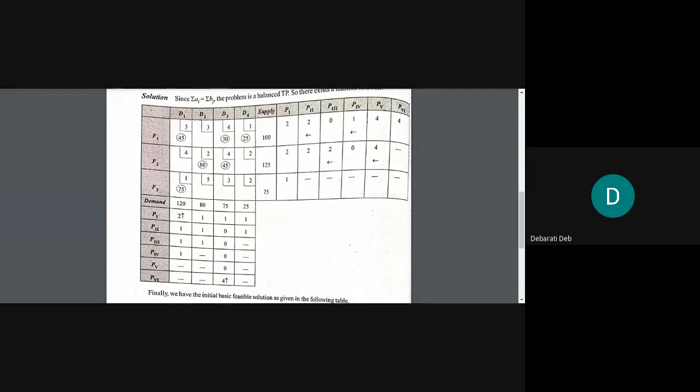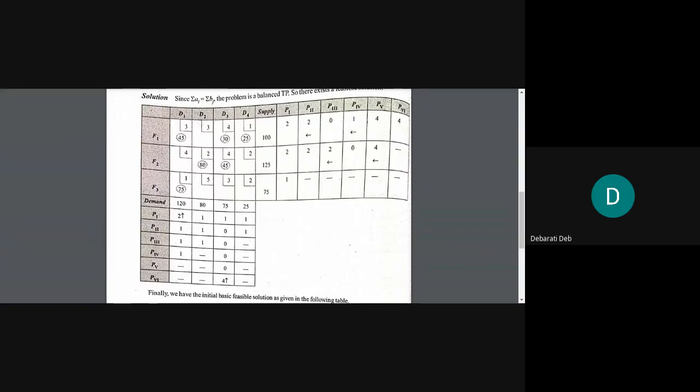We will calculate the difference between the least cost and the second least cost for the first column. In the first column, that is D1, the least cost is 1 and the second least cost is 3. So 3 minus 1 will be 2.